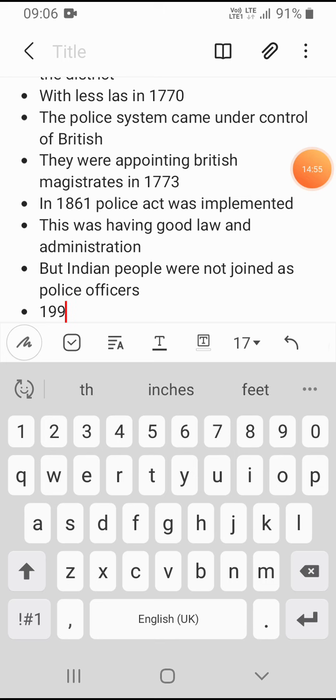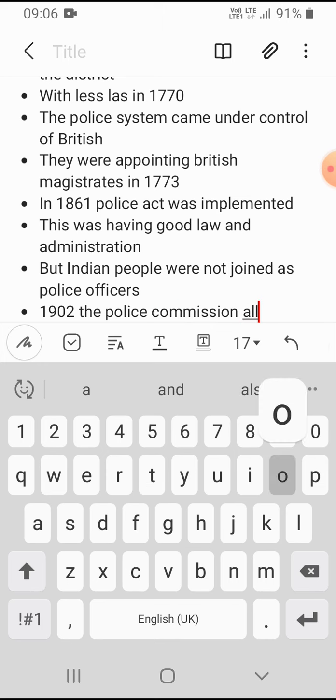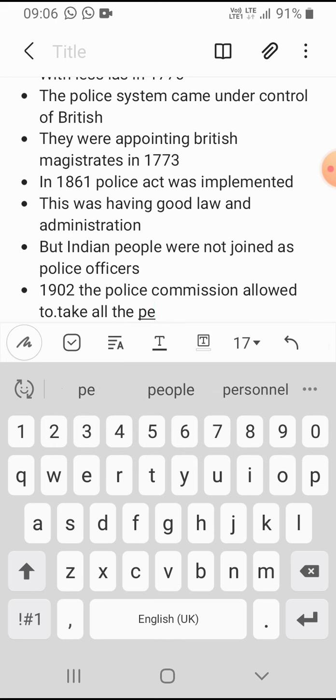And in 1902, the police commission allowed to take all the people who are fit, including Indian people.